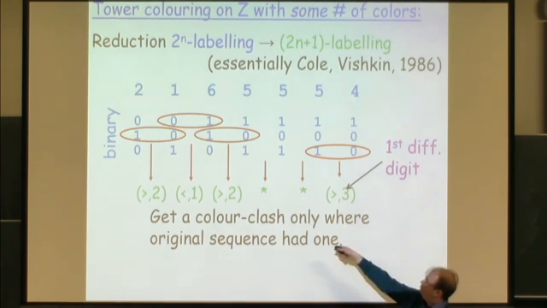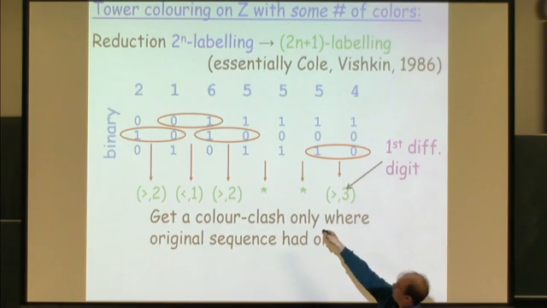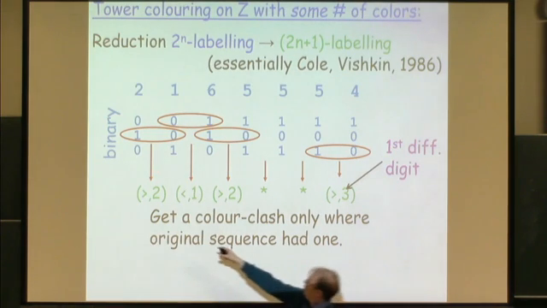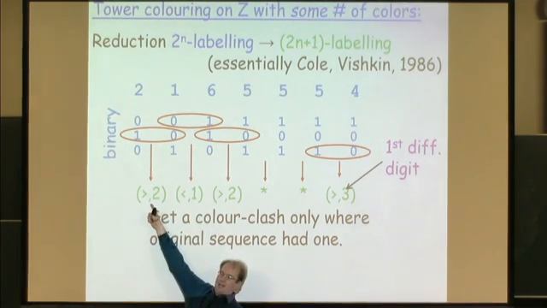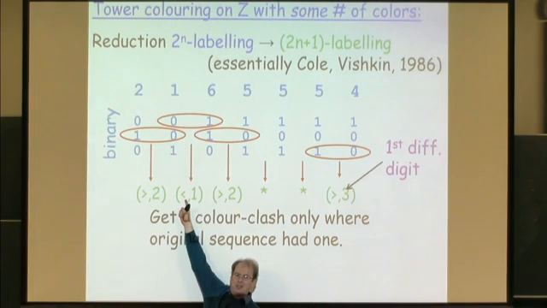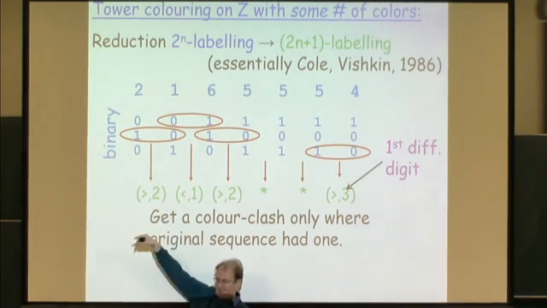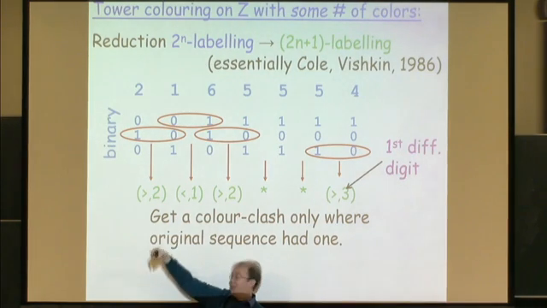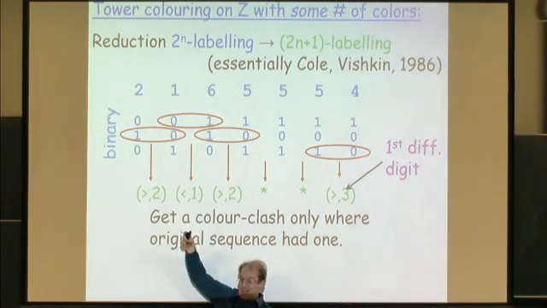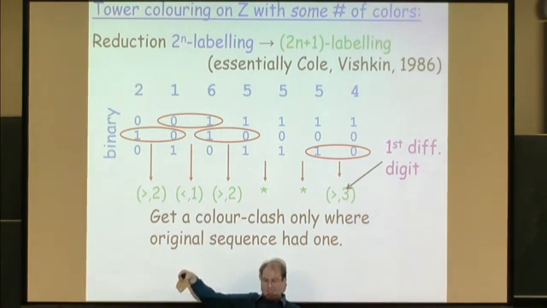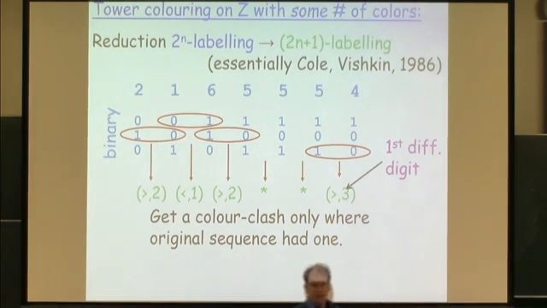Because suppose 3 guys in a row are different like this, then these 2 are different and these 2 are different. So it wouldn't be possible for me to have greater than 2 and greater than 2 again, because that would mean that these 2 differ in the second digit and the 1 is to the left of the 0, and these 2 differ in the second digit and the 1 is to the left of the 0 in that second digit. So that's impossible.